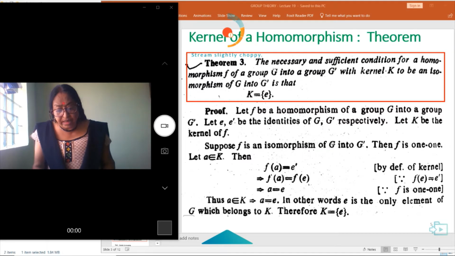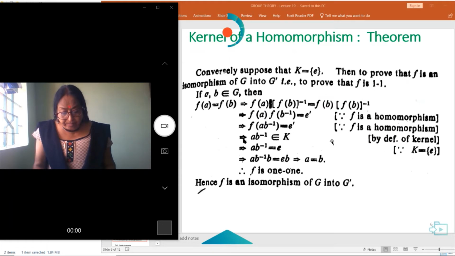Conversely, suppose K is equal to {e}. We have to prove that f is an isomorphism of G into G'. That is to prove that it is one-one. Let a, b belong to G. If f(a) is equal to f(b), then f(a) f(b)^-1 is equal to f(b) f(b)^-1.